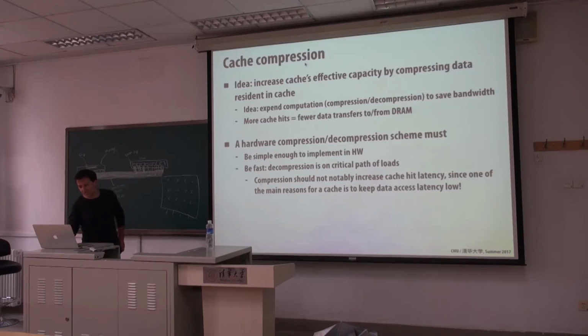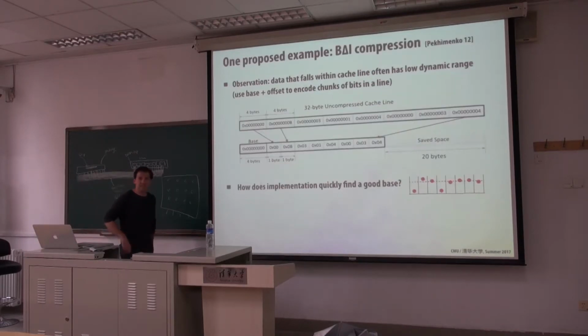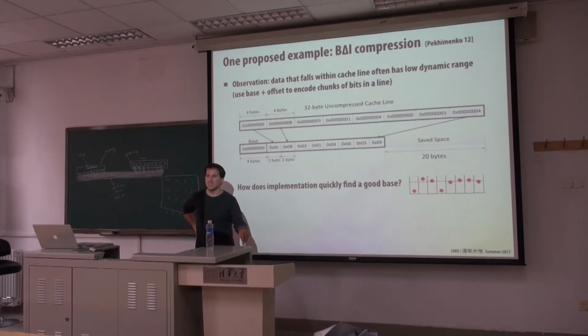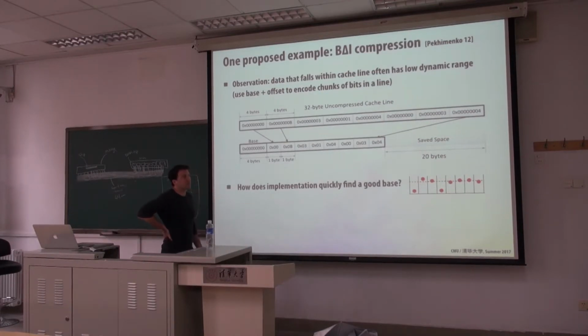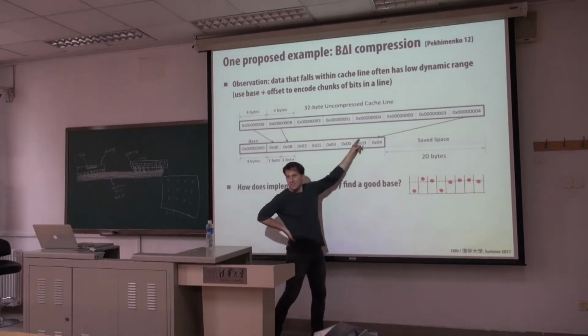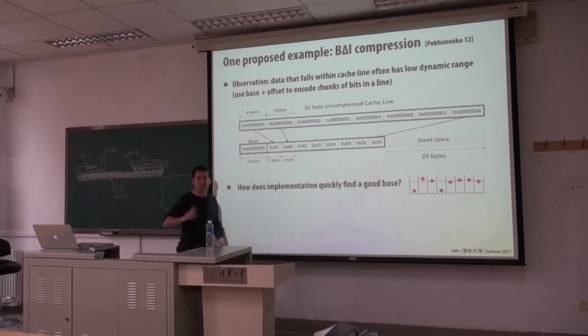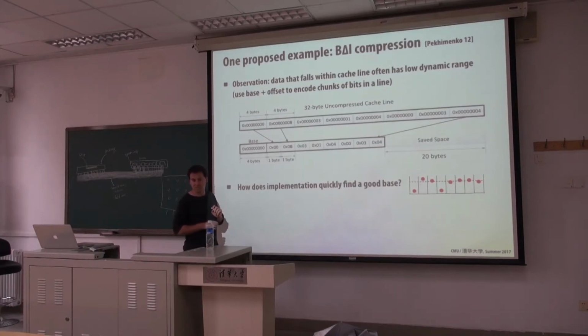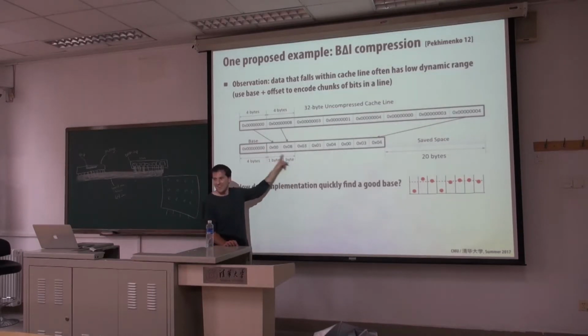Let me give you one starting example. Let's assume the values next to each other in memory are about the same value. They're similar values. So we can compress all of these values in memory by picking some base and then not storing the full 32-bit values, but just storing the difference between the base and the next 32-bit value, as 1 byte, because all of these values are within 1 byte of the base.